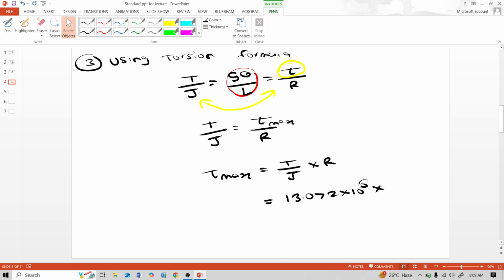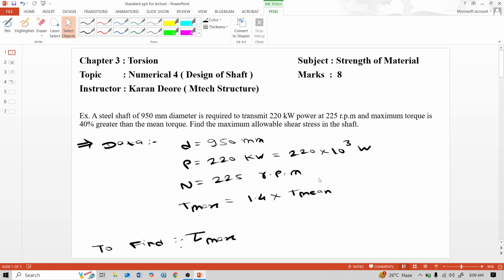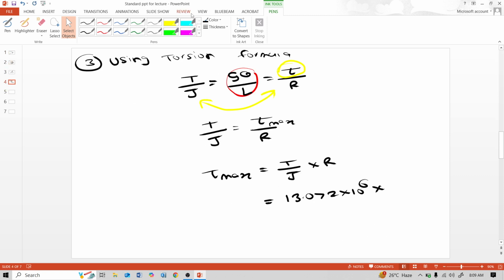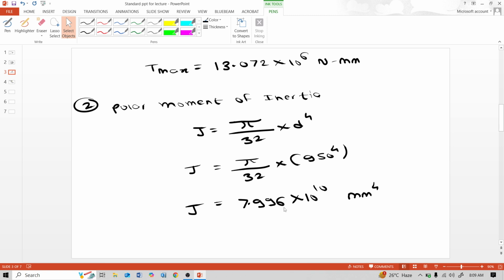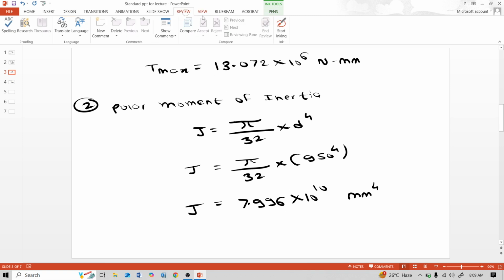The radius is 950 divided by 2, that is 475, and J is 7.996 into 10 raised to 10.